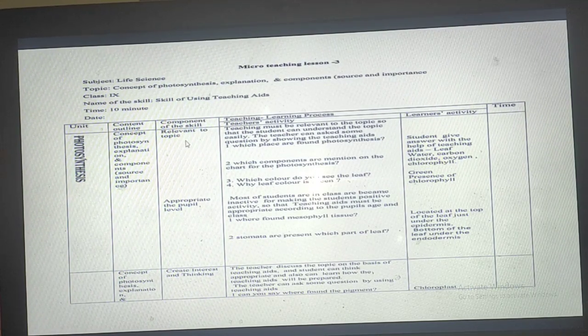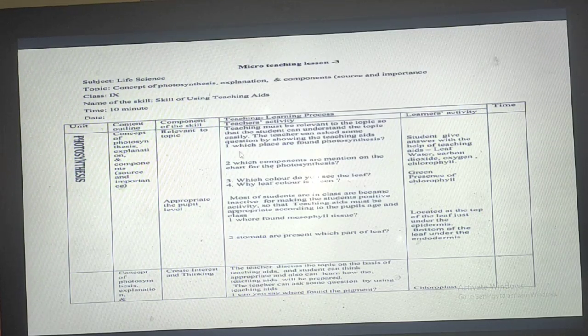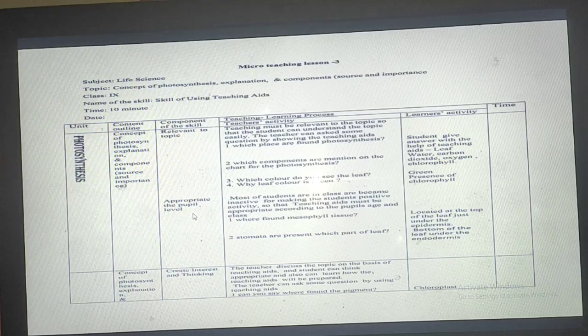Components: relevant to the topic. Here the teacher makes teaching aids according to the topic, appropriate to the level of the student.